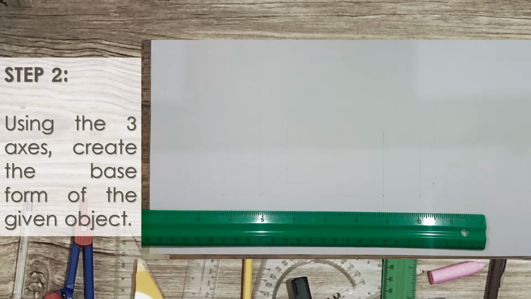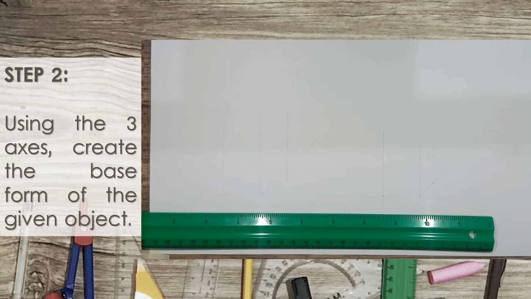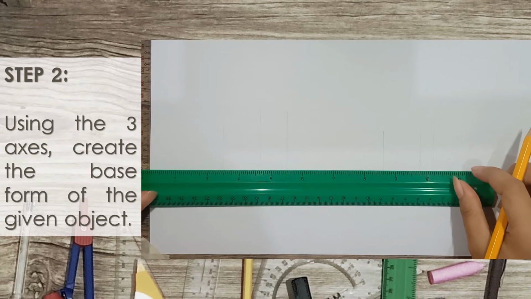Okay, so next, after projecting the vertical lines, let us now create the horizontal line using our T-square.